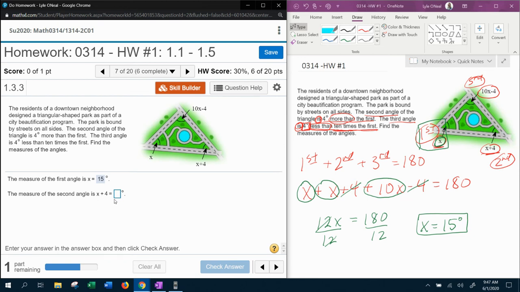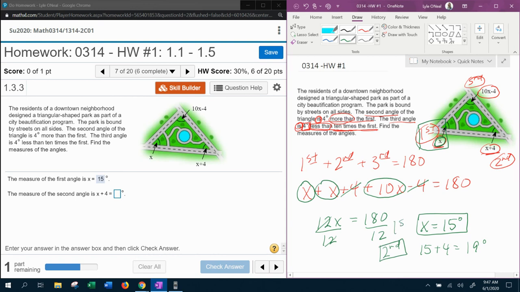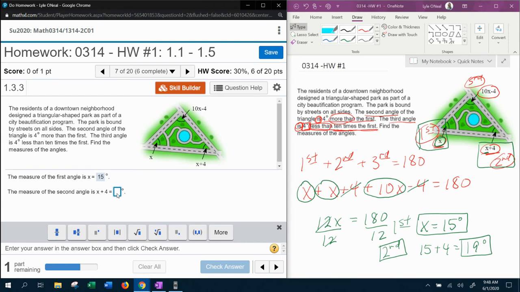So the second angle is going to be 15 plus 4, which is 19 degrees. That is going to be the second angle. This is the first angle. Second angle should be 19. Again, why is that? It's because the second angle is simply x plus 4, and we know what x is. X is 15.